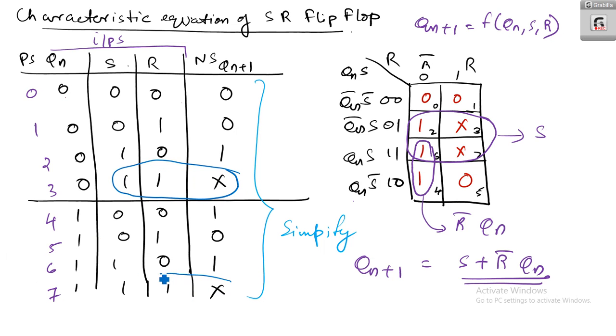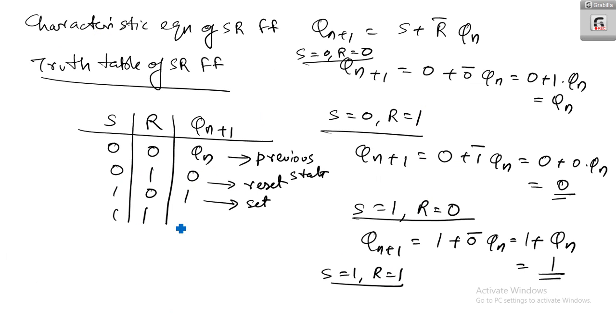Here also, when S is equal to 1 and R is equal to 1, you cannot predict which way it will go. That means when S is equal to 1 and R is equal to 1, Qn plus 1 is don't care. That is the invalid state. So that is regarding the truth table of SR flip-flop. Now coming into the excitation table of SR flip-flop.